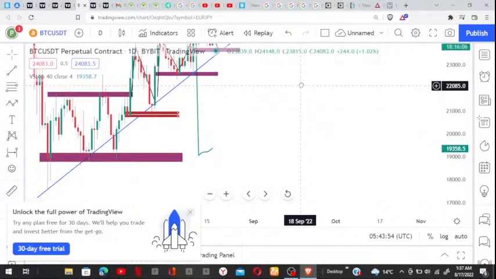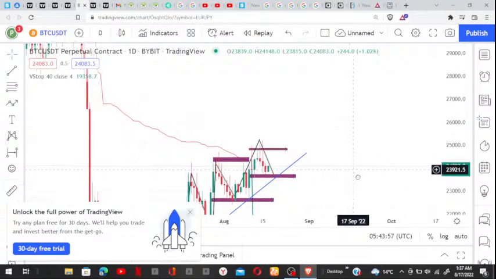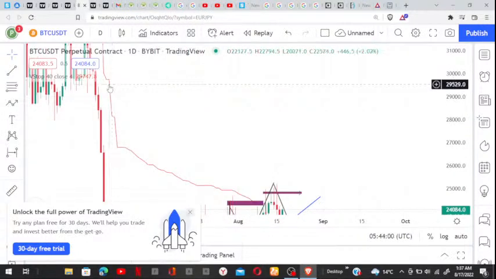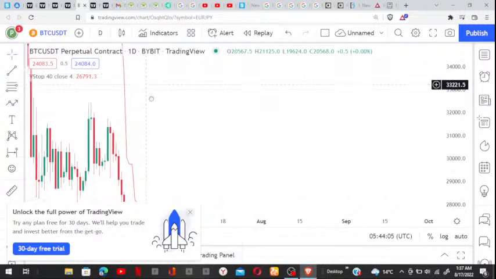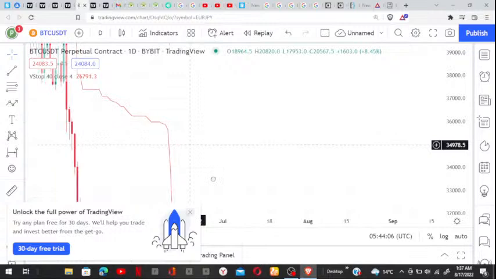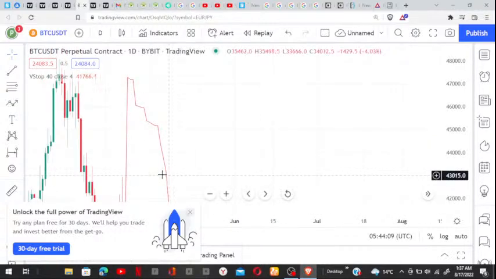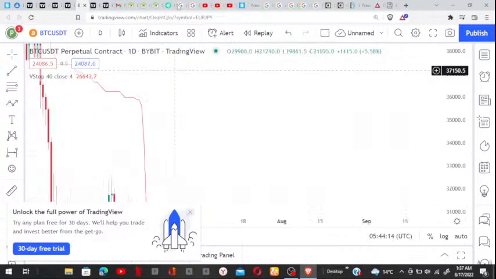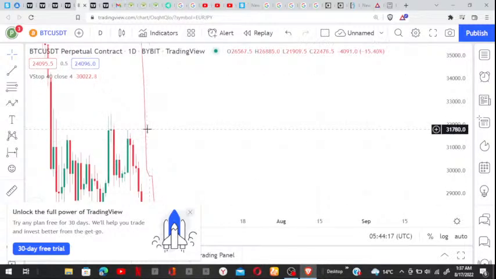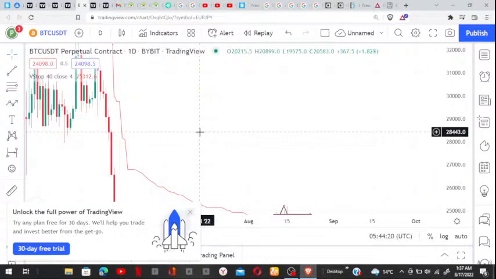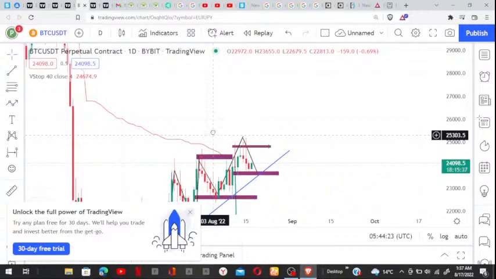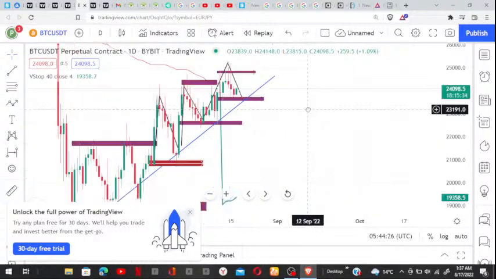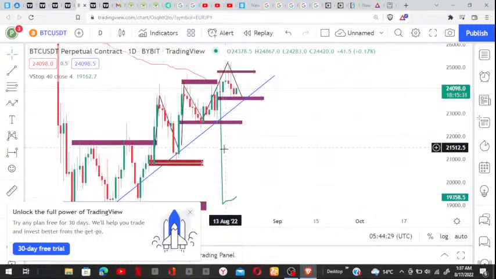So guys, for quite some time, based on the 1 hour time frame, which is this one over here, you can see there was a volatility stop. From this level the market has been dropping, and you can see the volatility stop. The red line shows that the market has been on a downward trend, and that happened up until a few days ago.